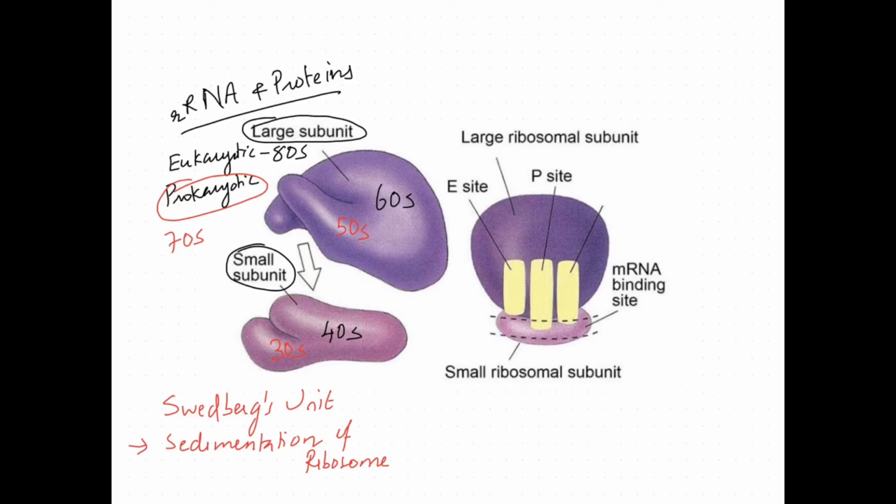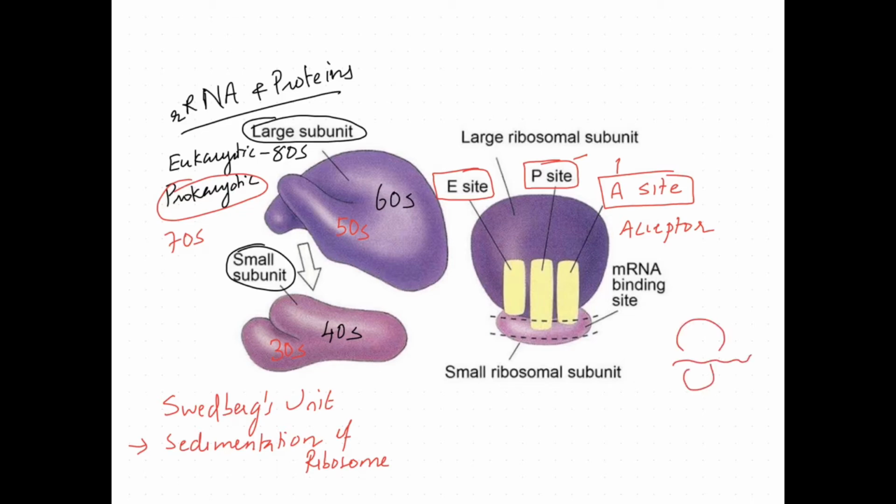Ribosomes are composed of different sites: the P site, the A site, and in some textbooks the E site is also mentioned. Generally, the P and A sites are the important ones. The A site is the acceptor site. In the process of translation, that is protein synthesis, mRNA gets attached between the large subunit and the small subunit.